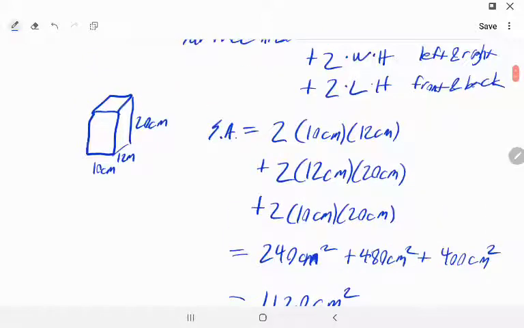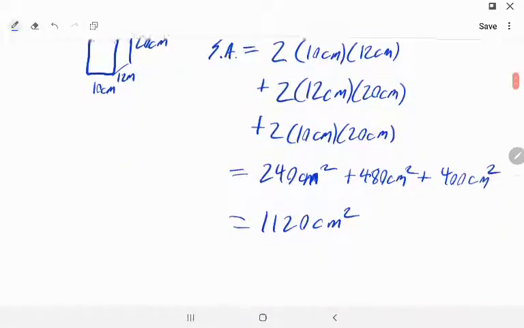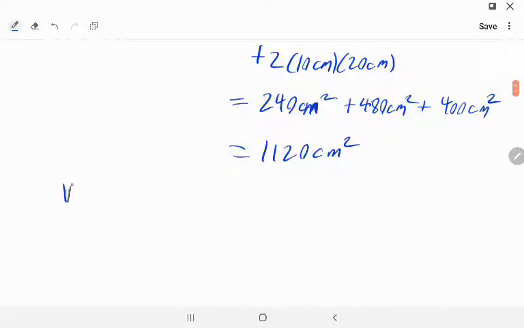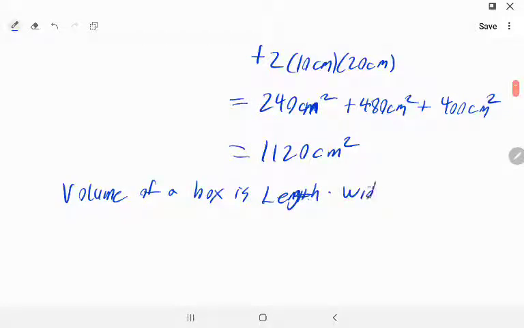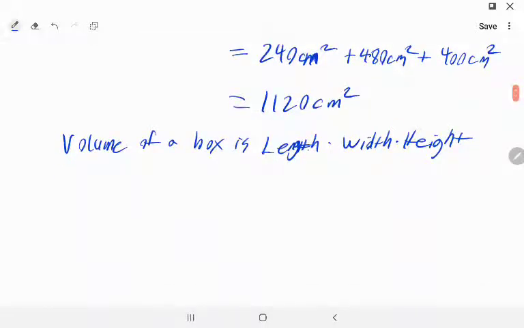As long as we're on this shape, the volume of a box is length times width times height, and just like we had square units for area, we're going to get cubic units for volume.